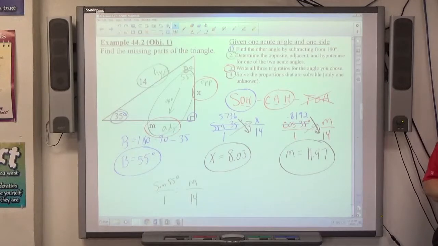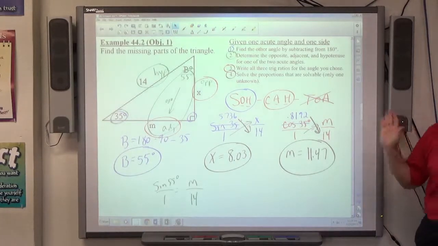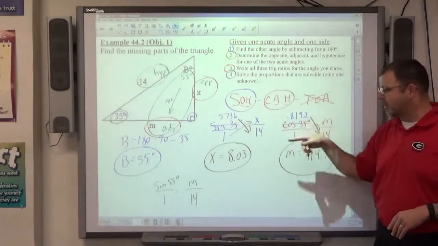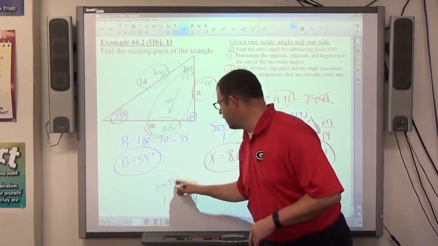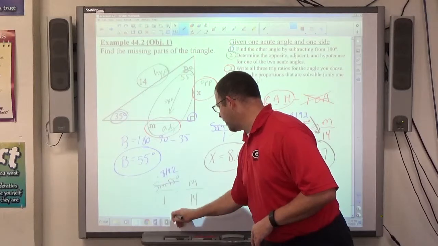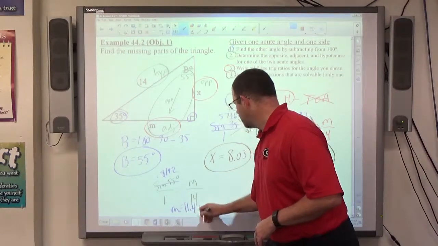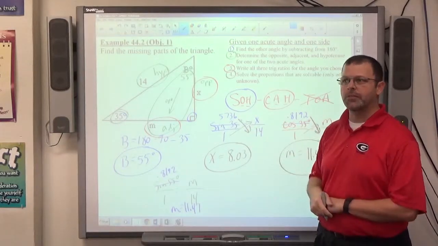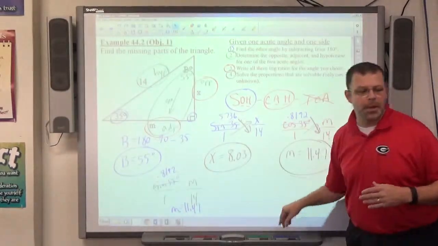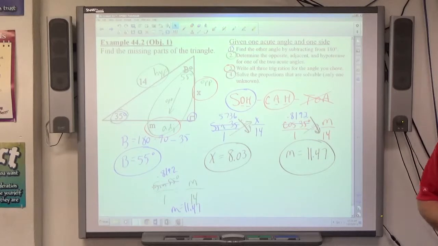Don't change your mind. All right? You change your mind, bad things happen. But whatever this angle is, that's the same angle. It doesn't matter which angle you pick, you can get the same answer. This would have been 0.8192, and this would have still gotten you m is equal to 11.47. That would have been cosine of 35 or 55, which would be 0.5736. So again, it doesn't matter. Pick an angle, make a choice, stick with that choice, and you'll be in fine shape.